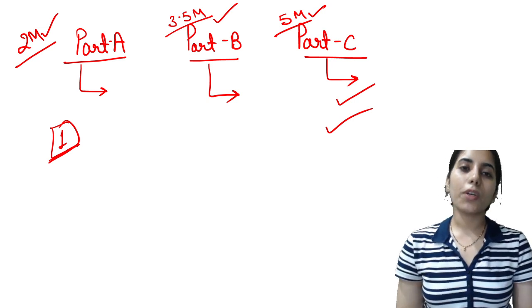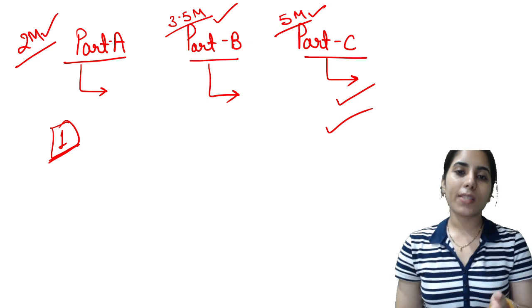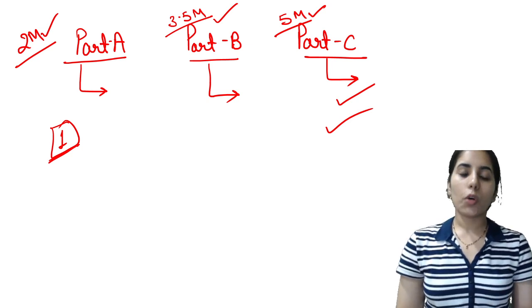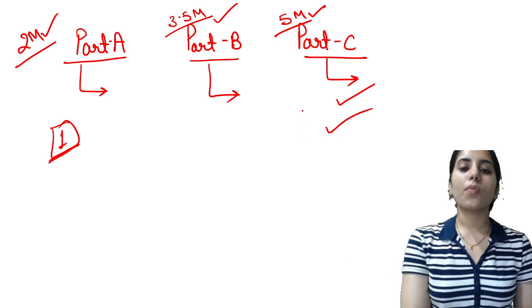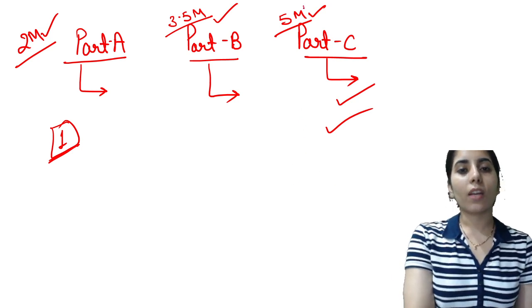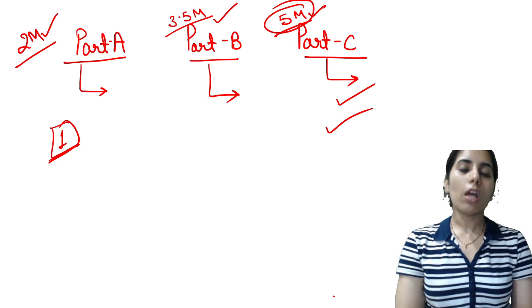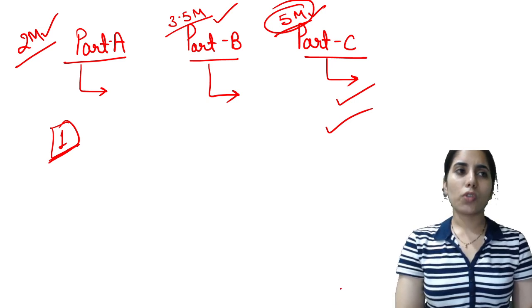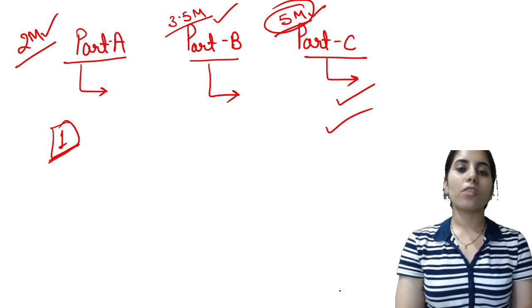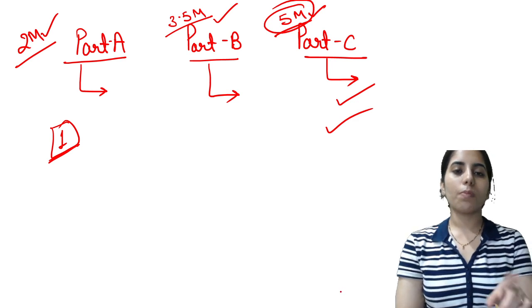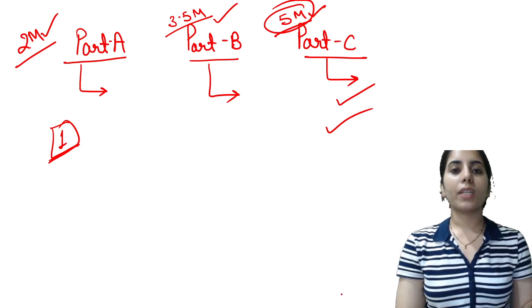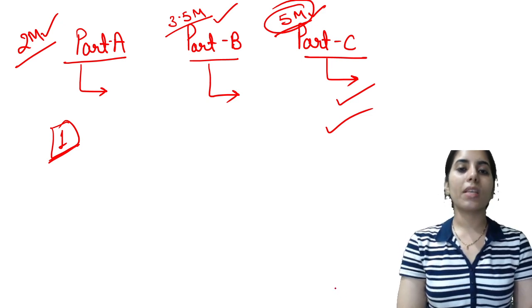But if somebody starts solving from part C, why would they prefer to do it? Because you know that you will get 5 marks for each right answer. So in less time, if they are able to solve, let's say, 4 or 5 questions, they score that number of questions multiplied by 5, and it makes them more confident: in this much time I have scored these many marks.